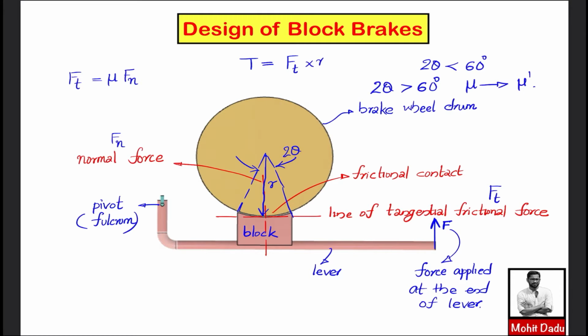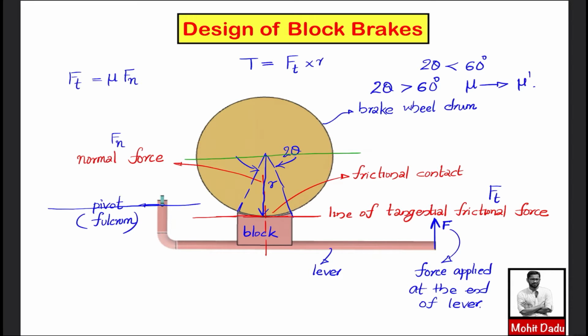And here we will be classifying and studying the different cases based on the positions of some axes. I will show you three axes: one, which I am drawing in green, is the axis of the drum; another, the blue line, passes through the pivot point; and another, the red line, passes through the frictional surface. Based on the position of these three lines you can have three cases, and we will be analyzing all of these cases.